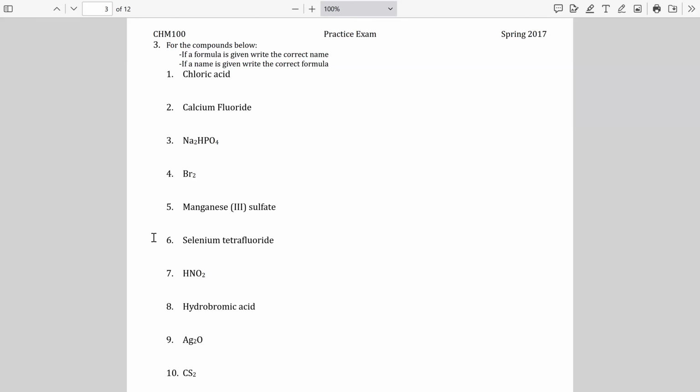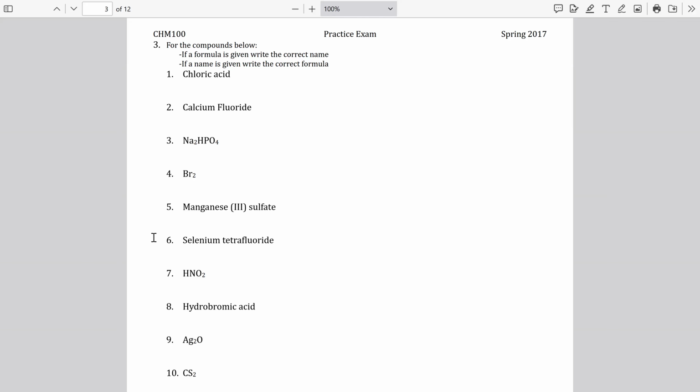I think I'm actually going to change the format a little bit to make it look a little bit more like our nomenclature worksheet that we did for lab in week 6, where it says what type of compound is it and then what is the name, because that lets me give you more partial credit. So half a point for each of these is going to be, is it an ionic, acid, or covalent or element?